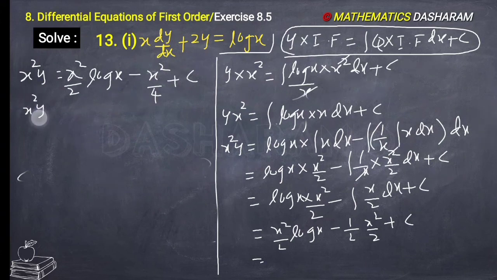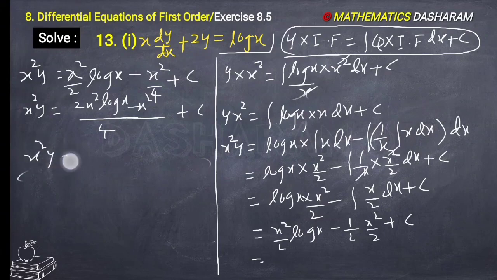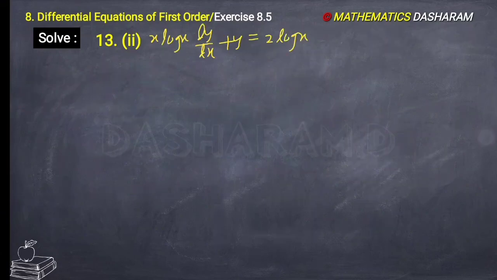So x square into y equals, here LCM is 4, so 2x square into log x minus x square plus c. So x square into y equals, here we can take x square common, so then x square into (2 log x minus 1) plus c is our required answer.